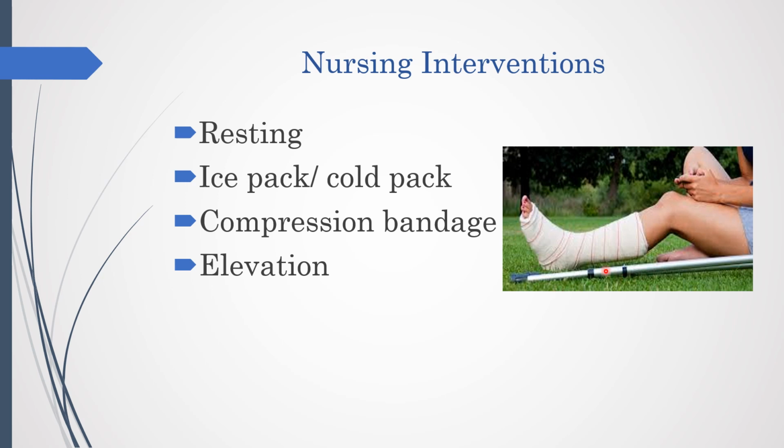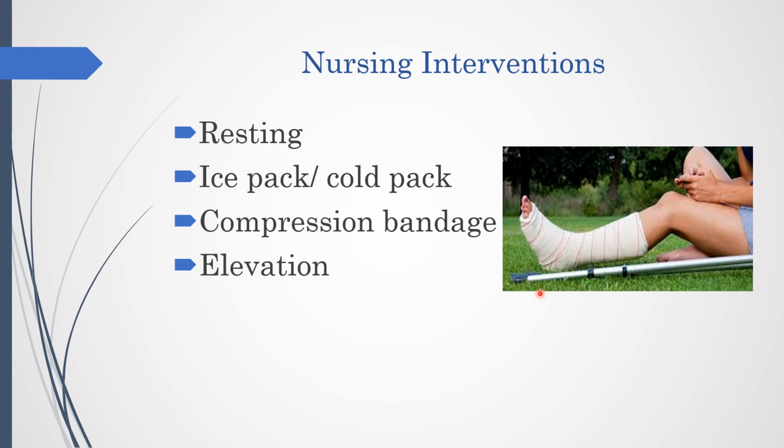An elastic compression bandage, as you see in here, controls the bleeding, reduces the edema, and provides support for the injured tissue, and also elevation at or just above the level of the heart controls the swelling. If the sprain or strain is third degree, immobilization by a splint, brace, or cast may be necessary.